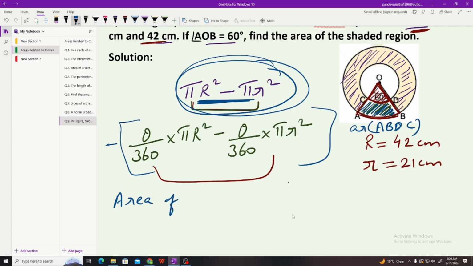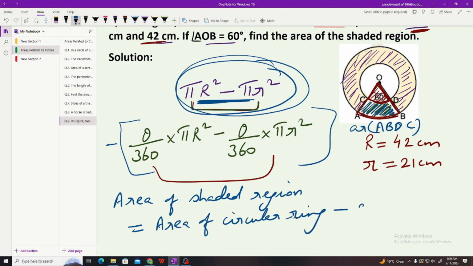Area of shaded region is equal to area of circular ring.